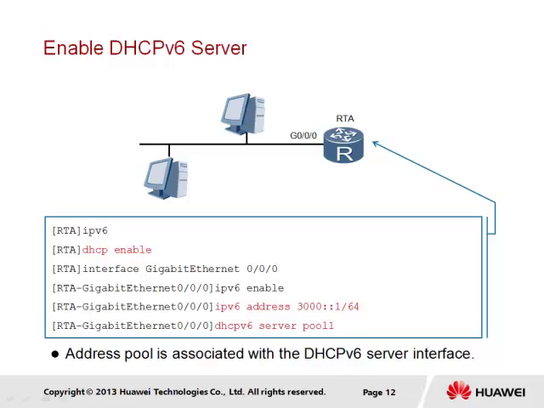Once we have created the address pool, we will need to apply the address pool for DHCPv6 to the interface to allow addresses from this pool to be allocated to end stations, such as those we see on the same link as RTA. In order to do this, we must ensure that IPv6 is enabled on the device and that the DHCP service is enabled. The interfaces participating in DHCPv6 must also be enabled to support IPv6.